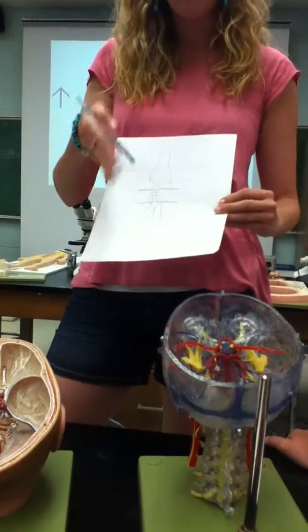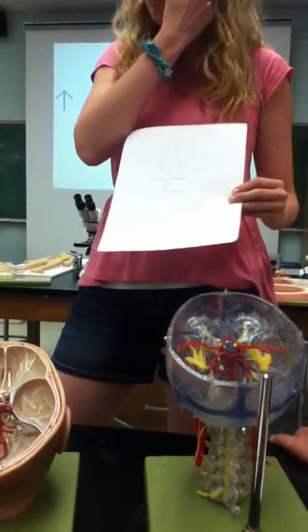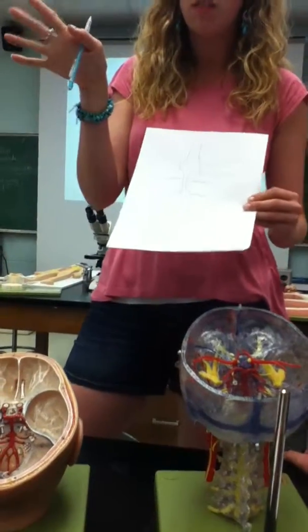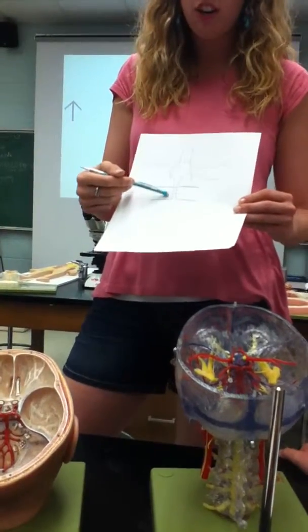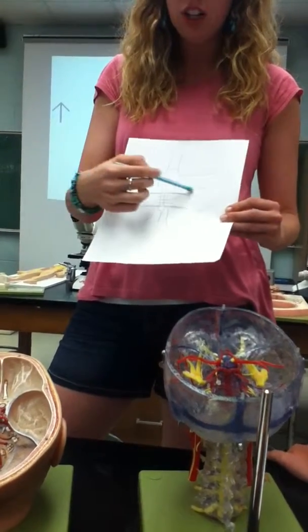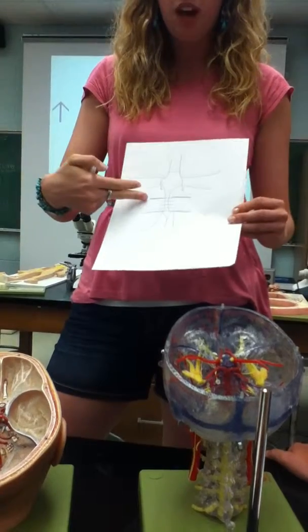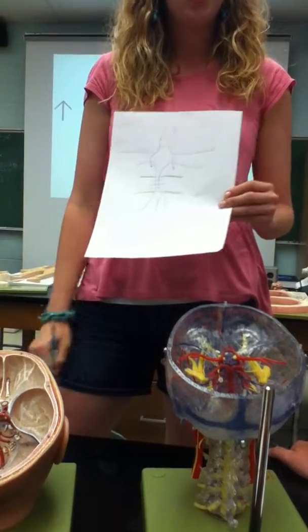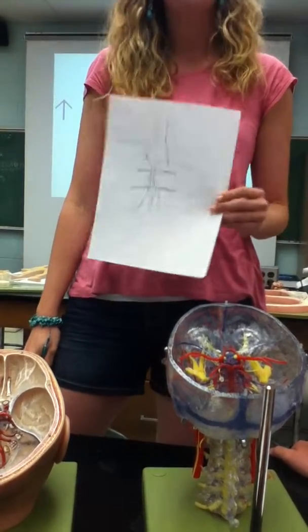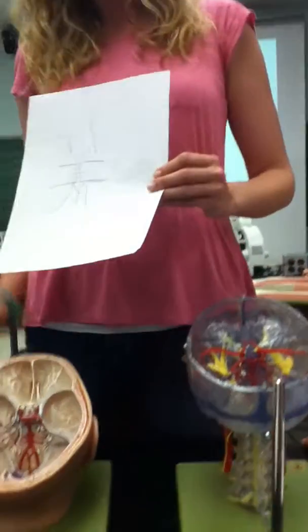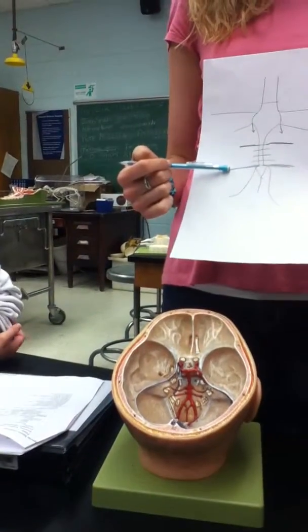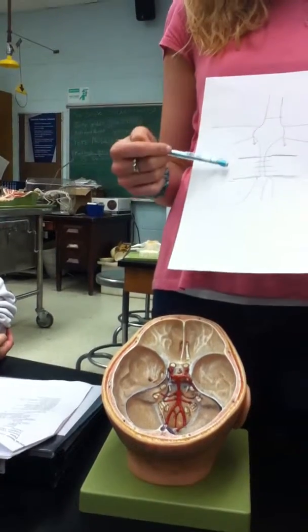Okay, then you have the boat. What's the boat called? Basilar artery. And the little things coming off? Pontine arteries, yeah. So what is the artery at the very top going kind of out either way? Superior cerebellar. Yeah, so now the name changes. And then at the bottom it's anterior inferior cerebellar.